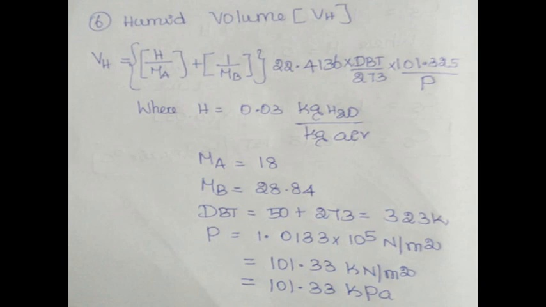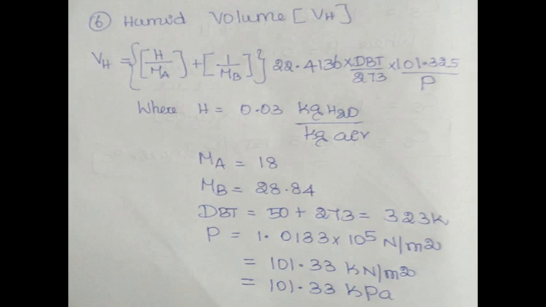Are you clear? Okay. So here it is 101.33 kilopascal. So substitute capital P in terms of kilopascal. Keep in your mind, whatever units are given in your problem, better convert them into kilopascal. Then only units are cancelled and finally we get the correct answer. So always substitute capital P values in kilopascal. Are you clear or not?